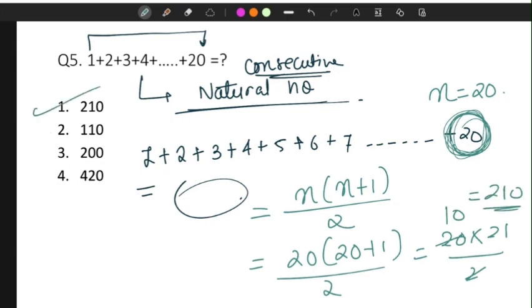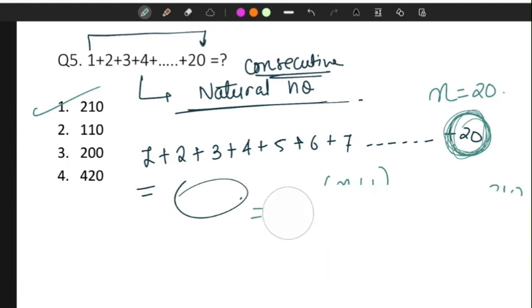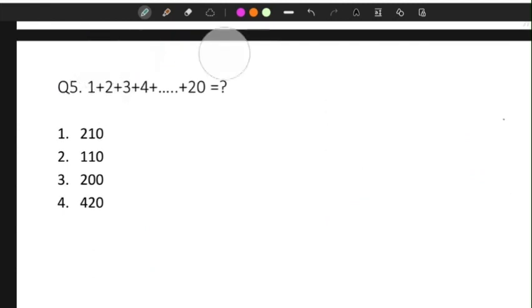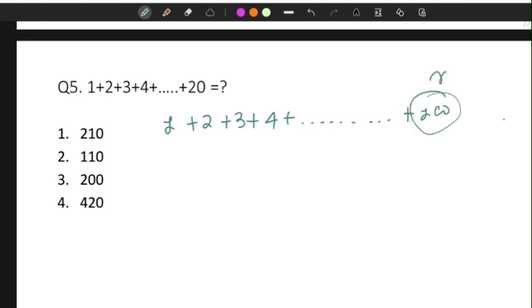I hope you have got the question. Even if they ask us to find the summation up to, for example, 50 or 100, that is 1 plus 2 plus 3 plus 4 summation of consecutive natural numbers up to 100, then the value of n is going to be 100, and we know the formula, n into n plus 1 divided by 2.